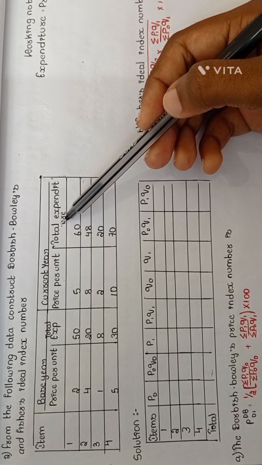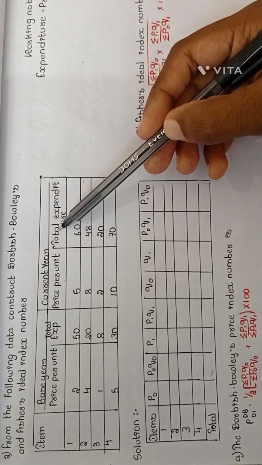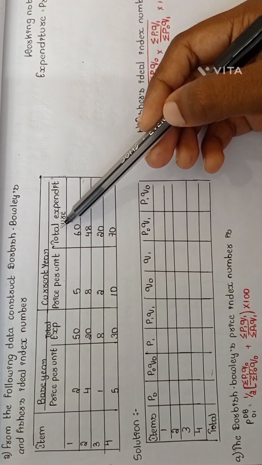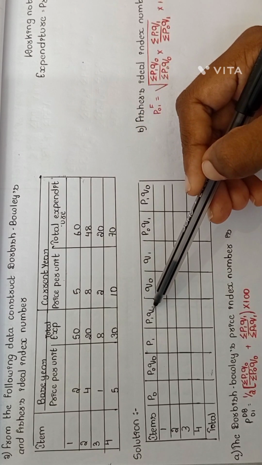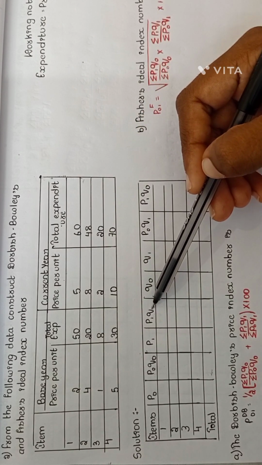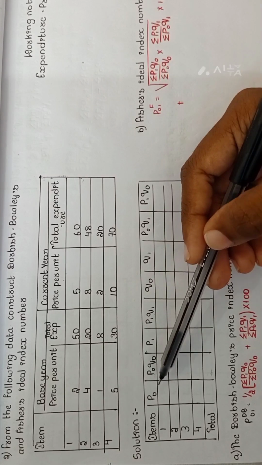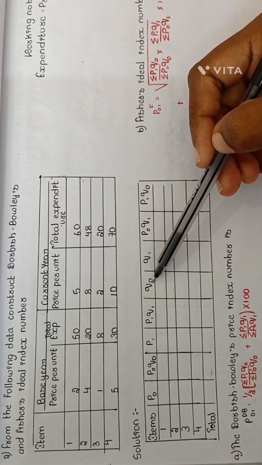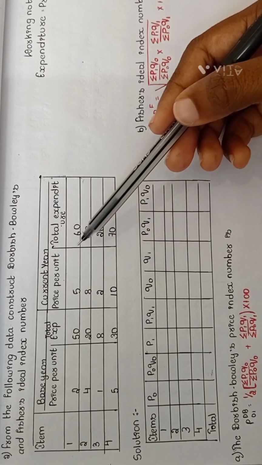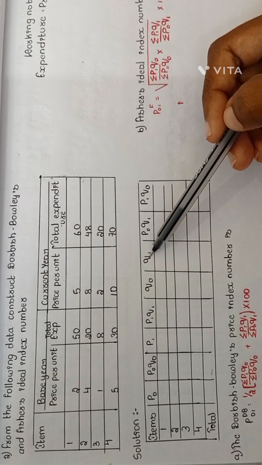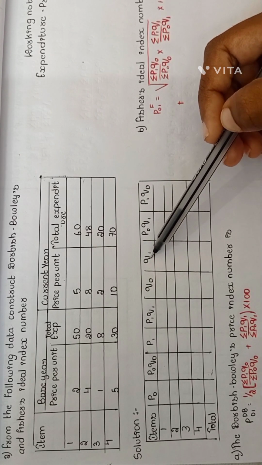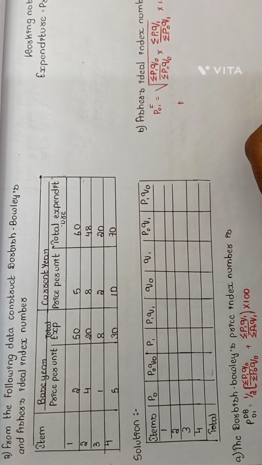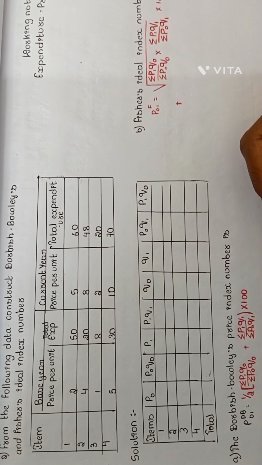Again, this is not a Q1, it's a combination of price and quantity in the current year, so we have written it as P1 Q1. And the thing which we need is quantity in the base period, so I have written Q naught, and again we require the quantity of the current year, so I have written Q1. Next are the formulas, the things required in the formulas.